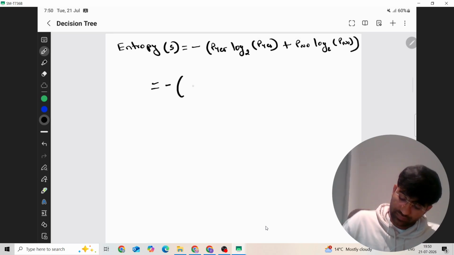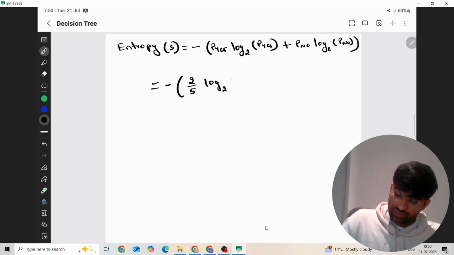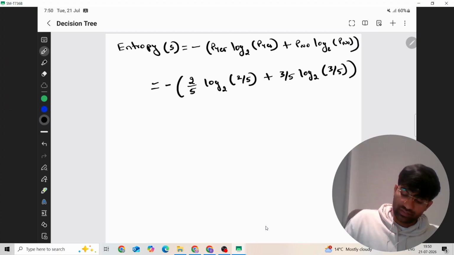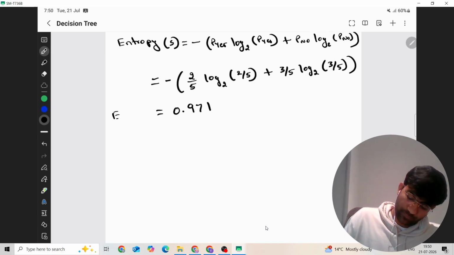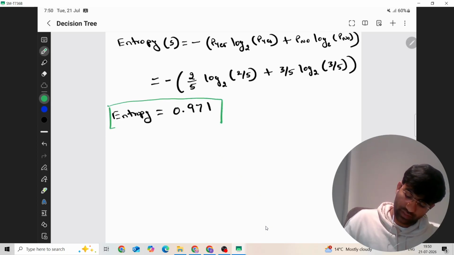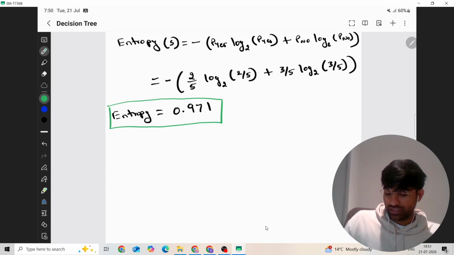Minus, probability of yes is 2 by 5, log to the base 2 of 2 by 5, plus 3 by 5 log of 3 by 5. You make the calculation, we will get the entropy as 0.97. This is our entropy.